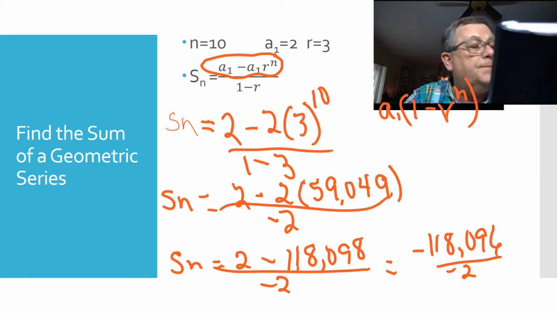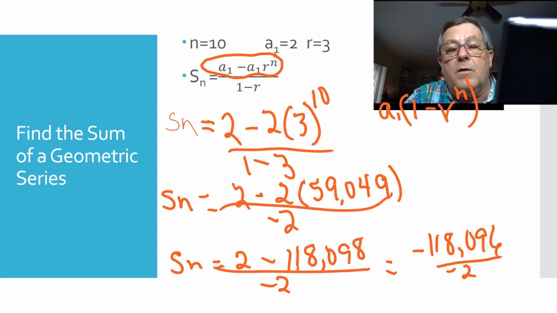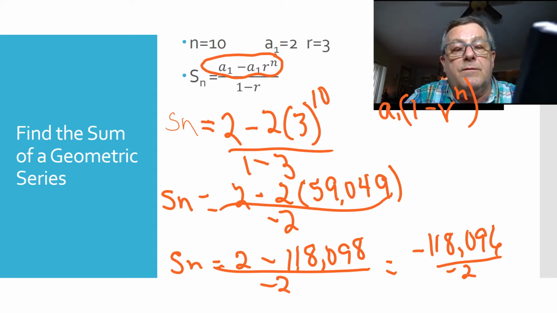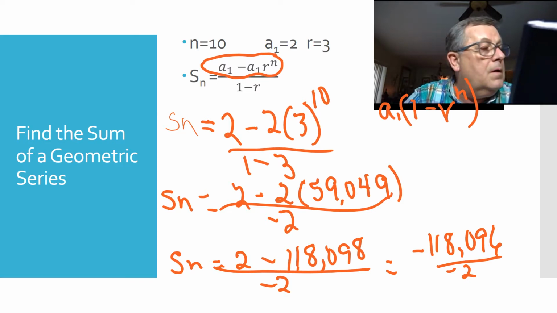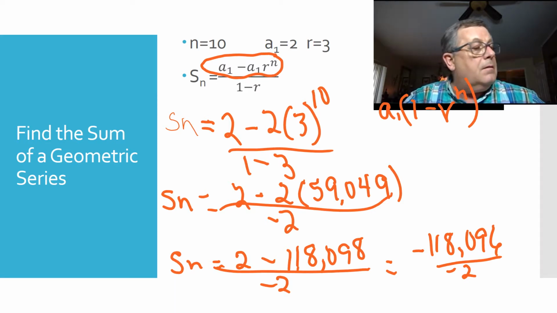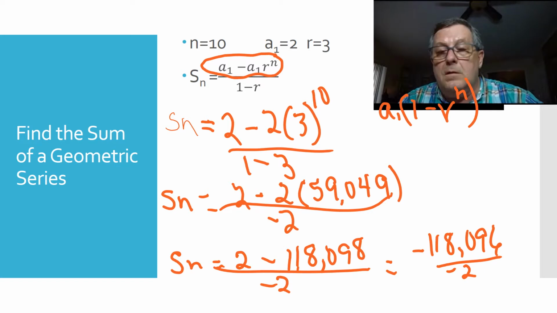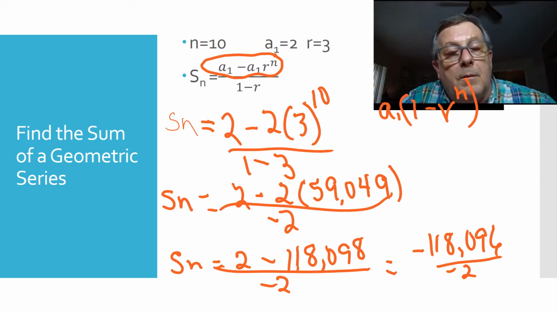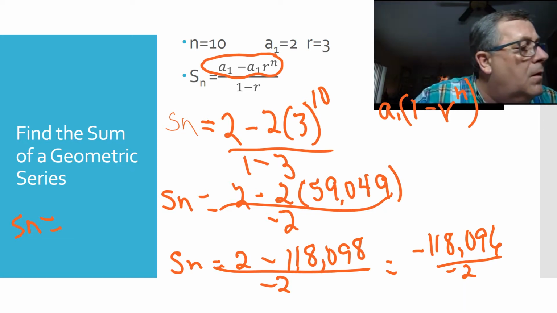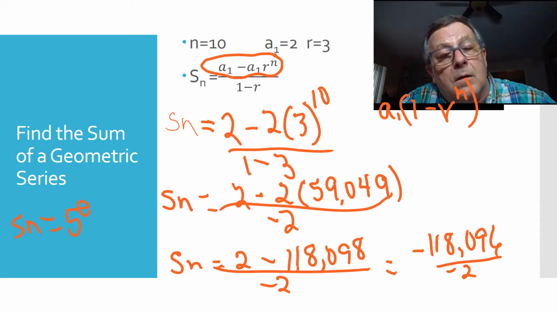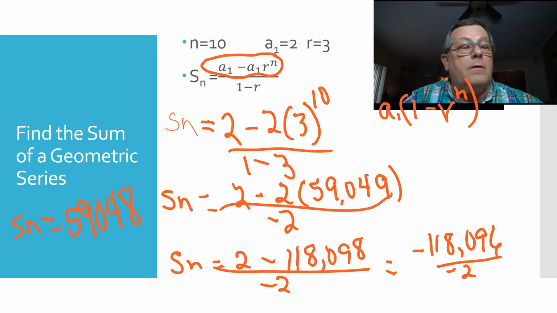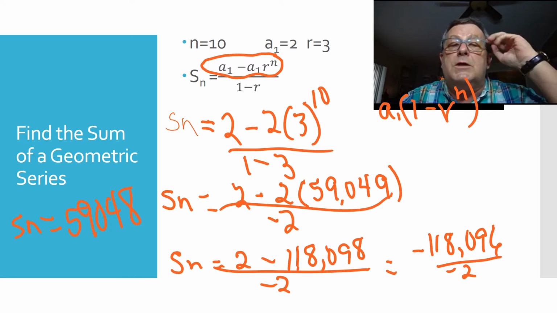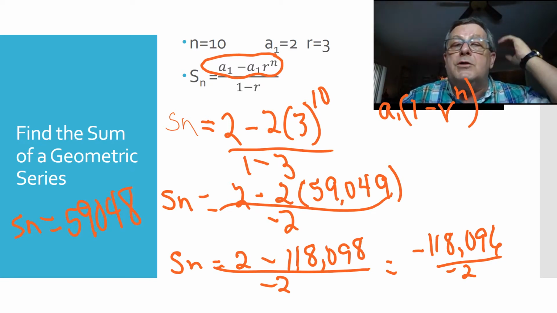Negative 118,096 divided by negative 2 gives me Sn equals 59,048. There we go. We found the sum of this geometric sequence when A1 is 2, R is 3, and n is 10.